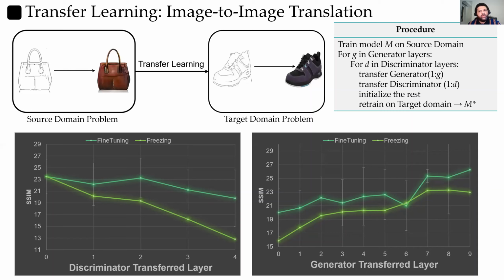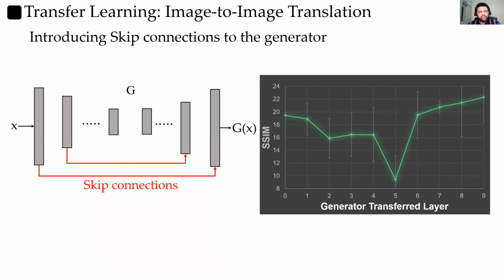And this reflects that the generator still generates common features between the source and the target domains. And transferring the whole generator and starting with a fresh discriminator with fine-tuning on the target domain is still the best way to transfer GAN models for these image data.